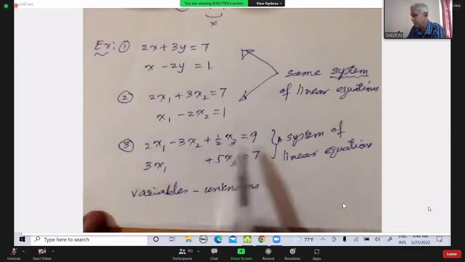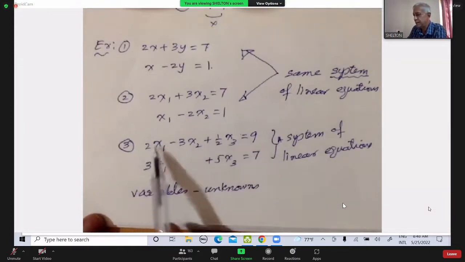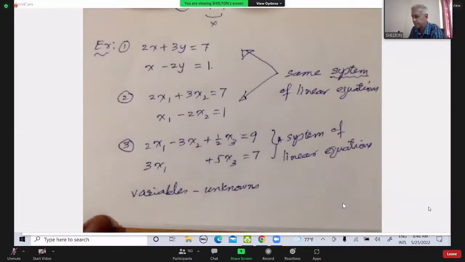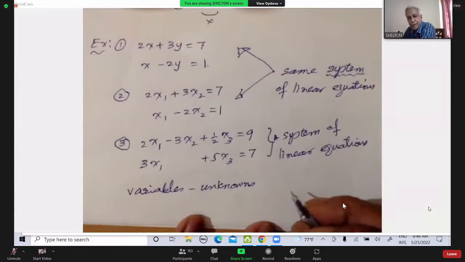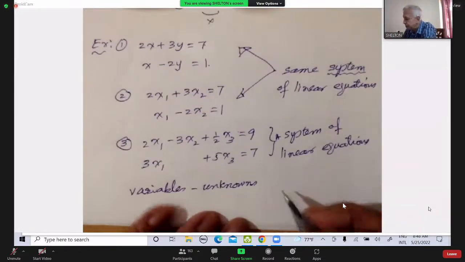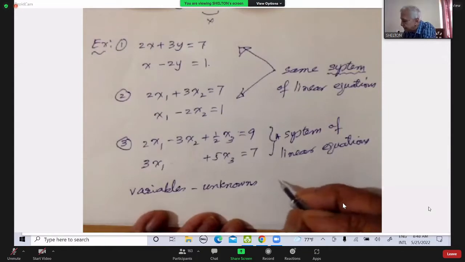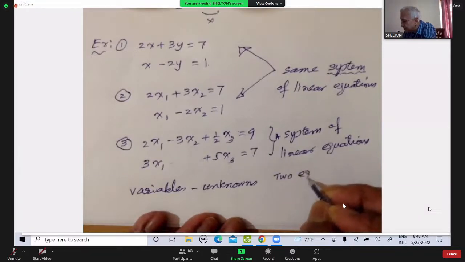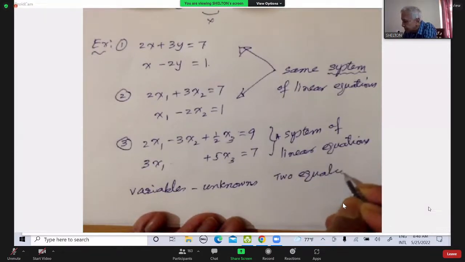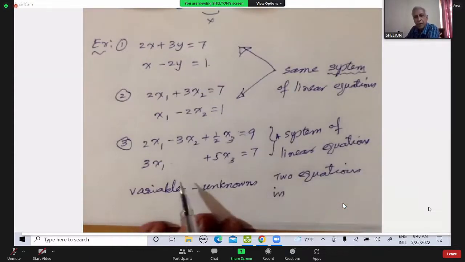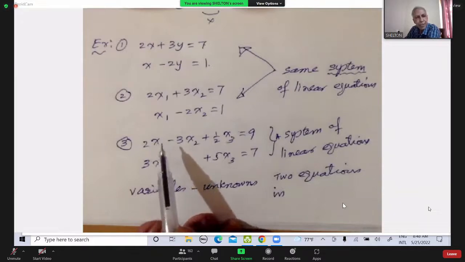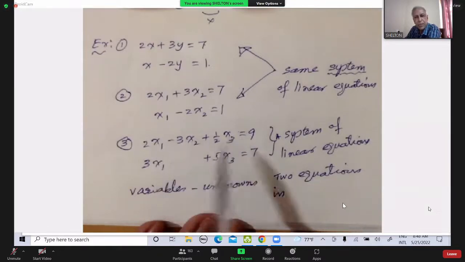So how many equations are there? Here, 1, second equation. So this is a system of linear equations. It consists of 2 equations in how many unknowns? Variables x1, x2, x3.